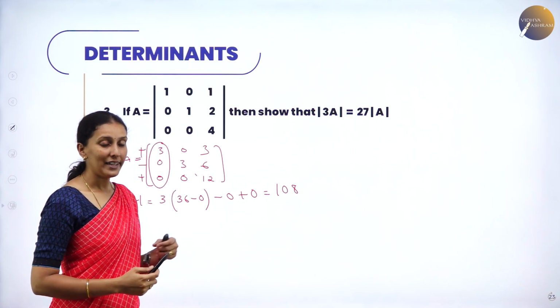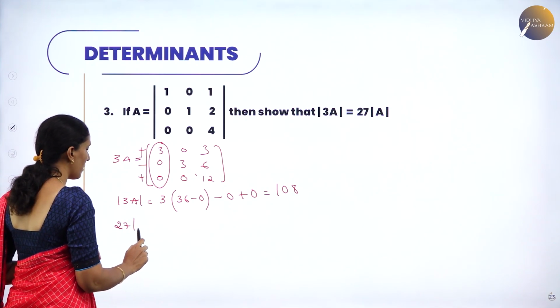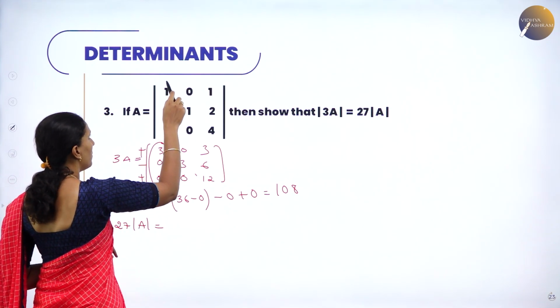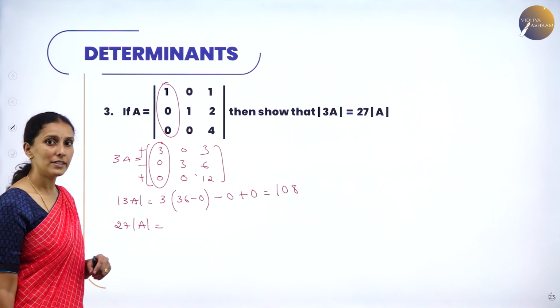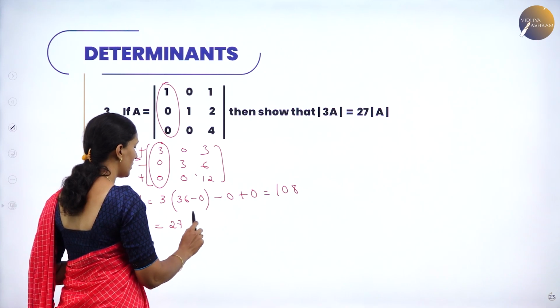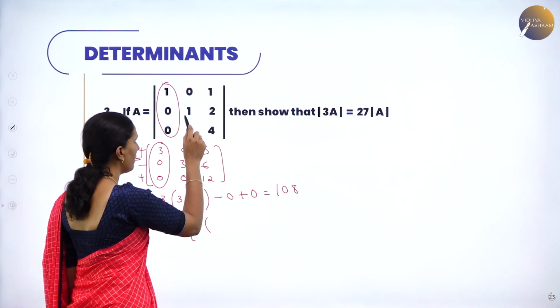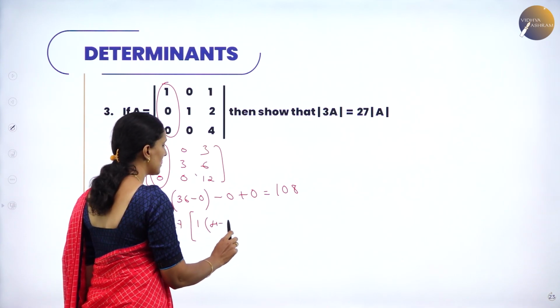Let's check for 27 times the determinant A. For determinant A also I can use the first column and the sign convention is same. Let me write 27 outside here. So, let's take 1. So, for 1 it is 4 minus 0.